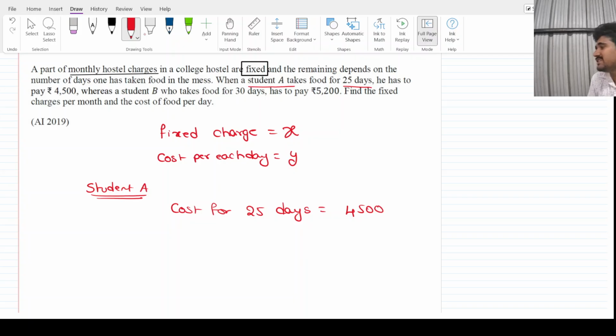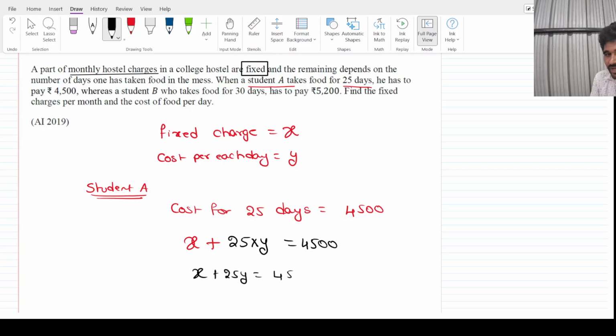How do we estimate? Fixed cost plus 25 into Y. Am I correct or not? Is equal to 4500. That is nothing but X plus 25Y equal to 4500. That is equation number 1.